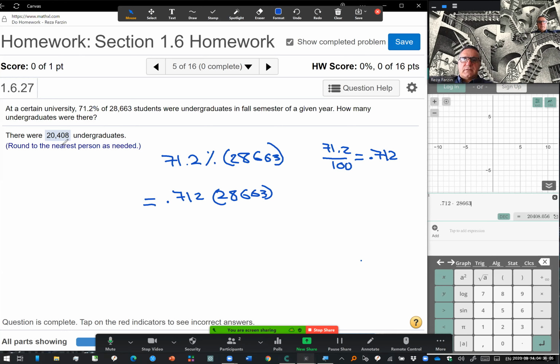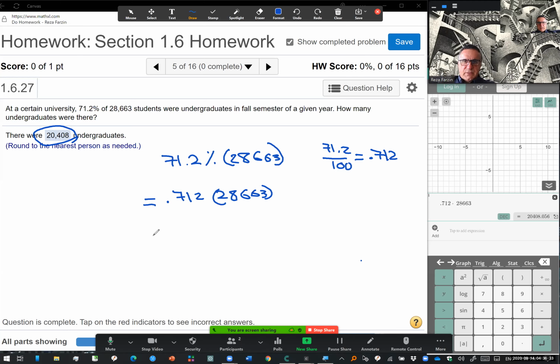Okay, perfect. Now, sometimes they'll pull a fast one on you, so you have to be aware. Sometimes they'll give you this information, and they'll say, how many students were not undergraduates? You get the point? If they ask you something like that, first of all, determine the percentage of students that are not undergraduate students.